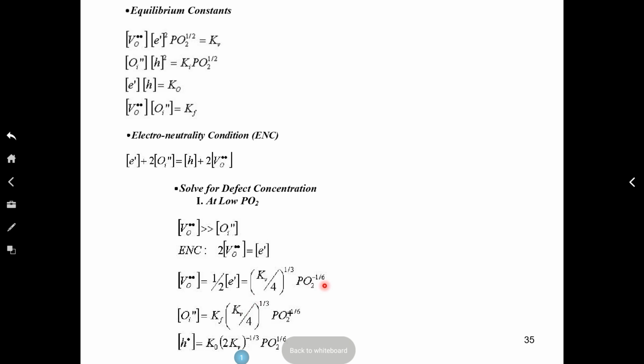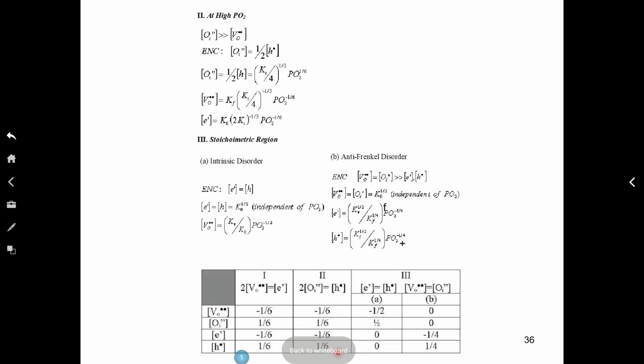That's what you're controlling here, and you're getting predictable defect concentration in an experimentally controlled way. There is no other beauty like this. And oxygen interstitial will go as PO2 with the exponent plus 1/6.